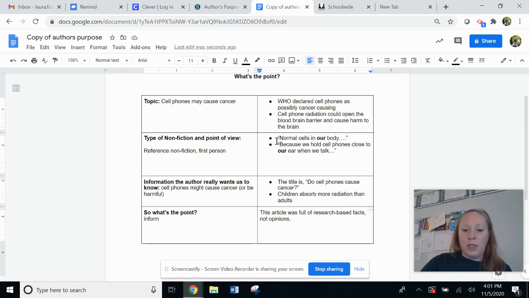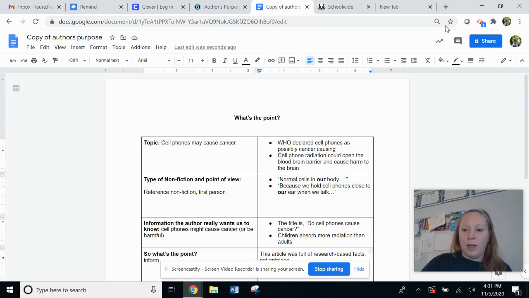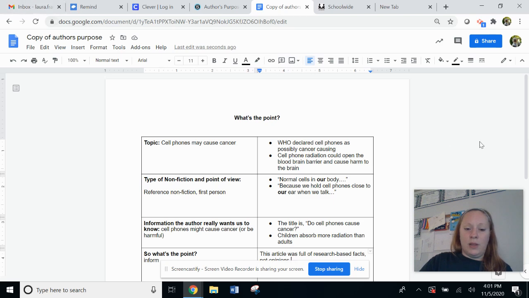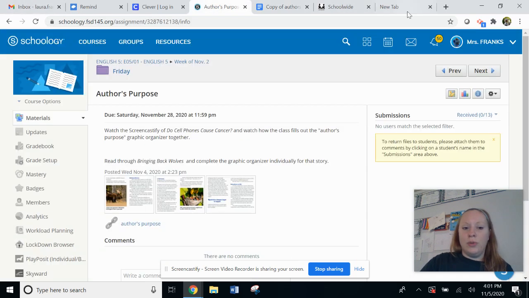So after we finish filling out this graphic organizer, you share it with me, and then you will go to Schoology. Mine looks different than yours because I have Teacher View. You will submit it on Schoology under Create, not Upload, and then it will be done.